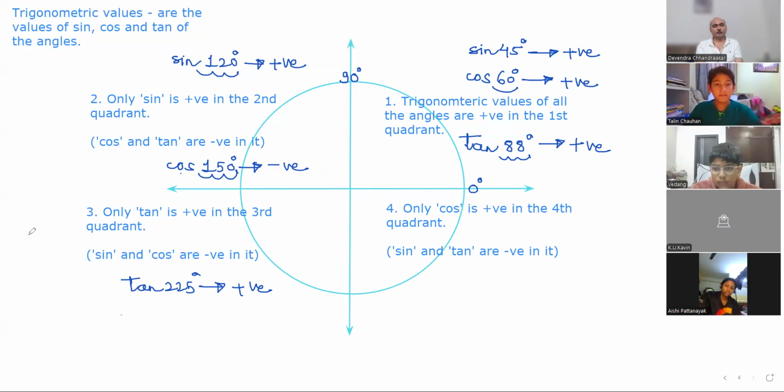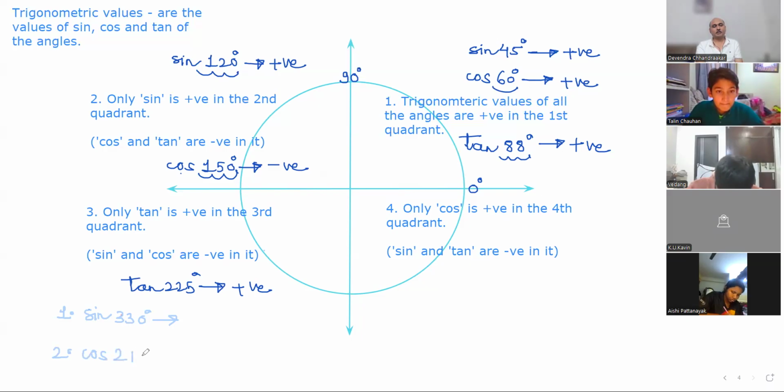Before you write this down, I am giving you these questions to solve. You have to write positive or negative in front of these values. Sine 330 degrees, just write positive or negative.